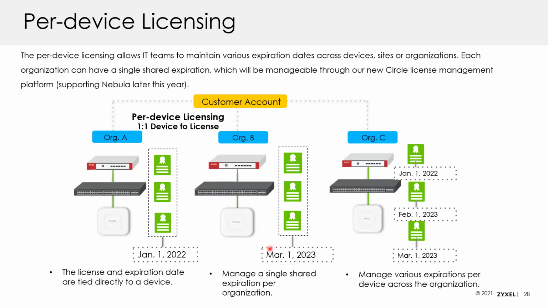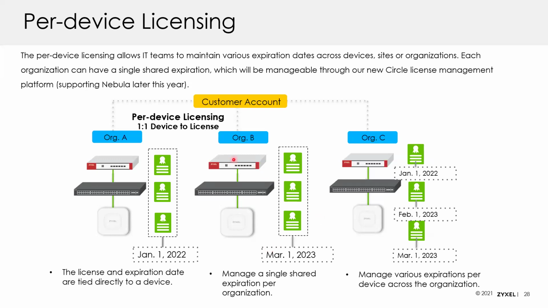If they have 5 devices on their network, you will need 5 Pro Pack licenses. If they have 25 devices, you will need 25 Pro Pack licenses. If any device does not have that Pro Pack license, the organization stays on the free version. So every device in the organization has to have a license.